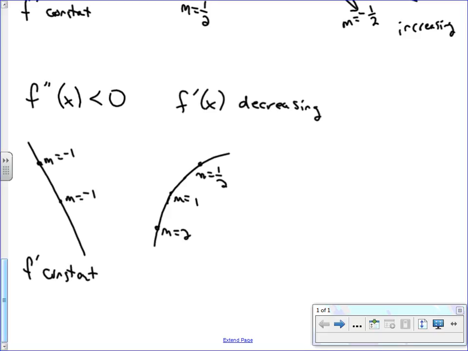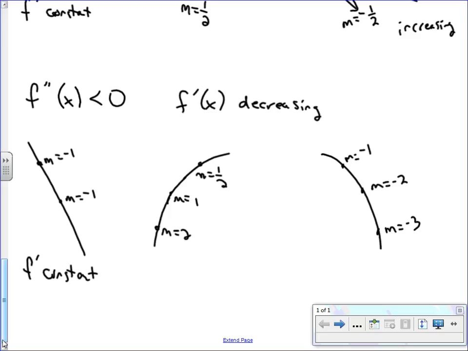Slope is decreasing. And there's another way you can draw it that's less obvious. That one is obvious, the slope is decreasing. And this way, where this slope is -1, and then here it gets steeper, -2, and here it gets steeper, -3.